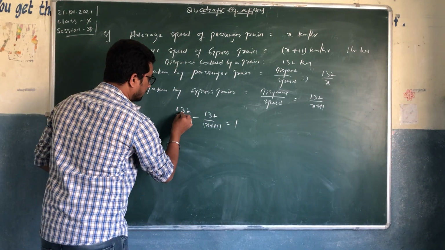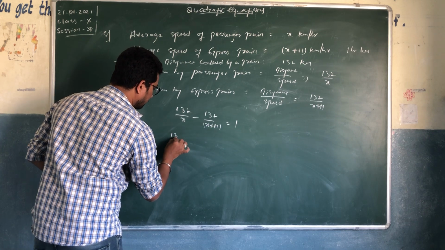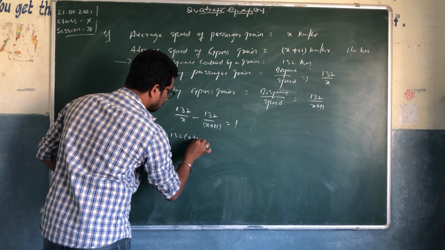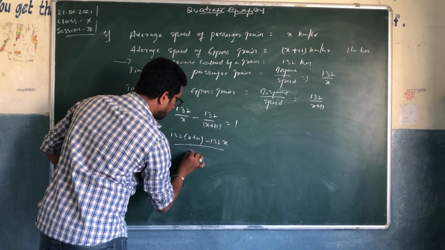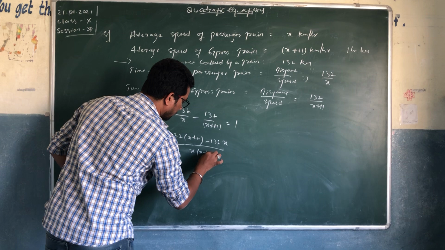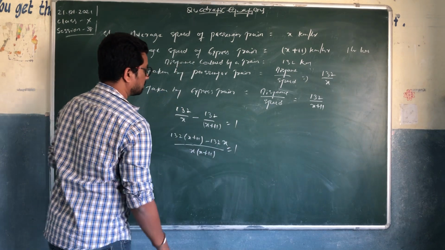Now 132 into x plus 11, taking the LCM, minus 132 into x, by x into x plus 11 is equal to 1.